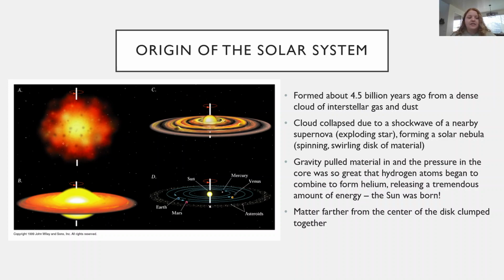And so that's what we see here in A. Now, eventually, this cloud collapsed due to the shockwave of a supernova, I'm sorry, that was nearby, and it formed a solar nebula, which is what we see here.